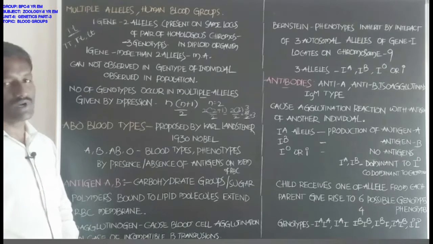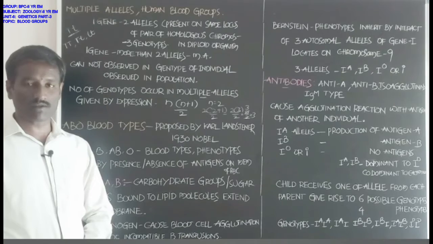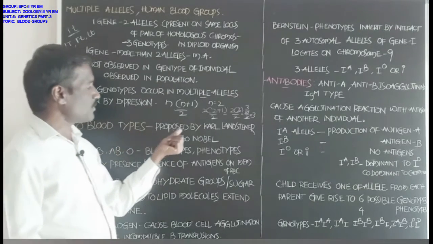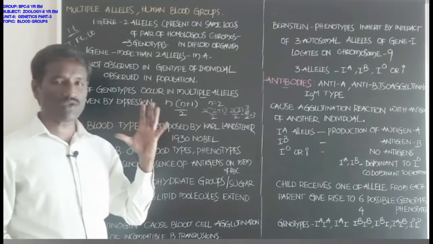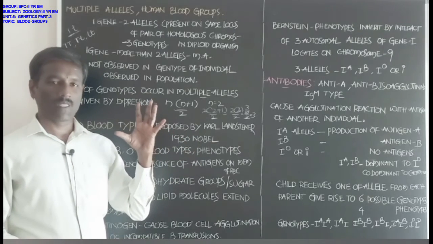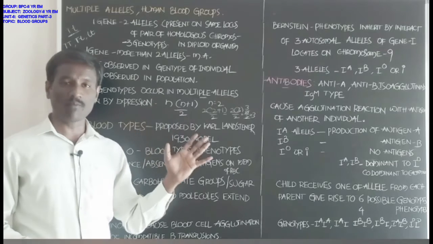Next, which is the best example for studying multiple alleles? ABO blood types, proposed by Karl Landsteiner. The ABO blood groups are A blood group, B blood group, AB blood group, and O blood group.